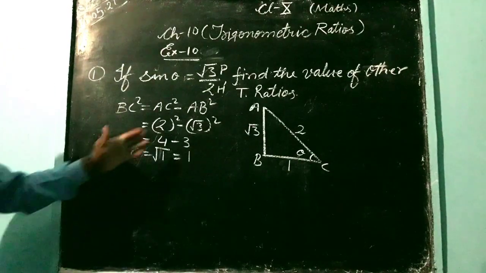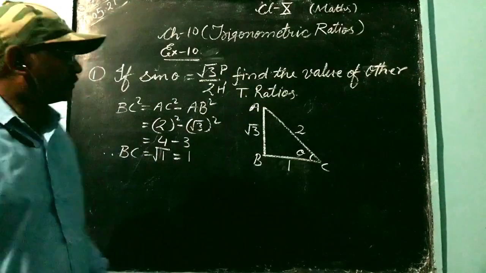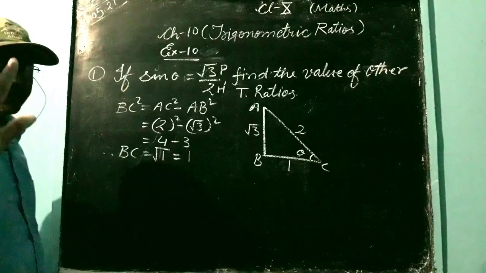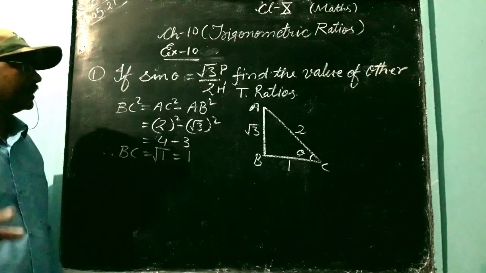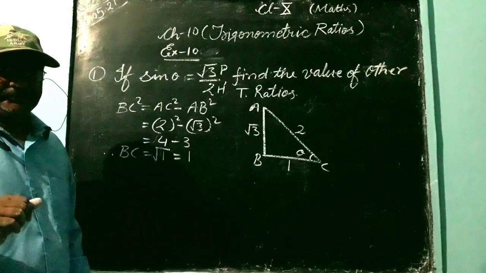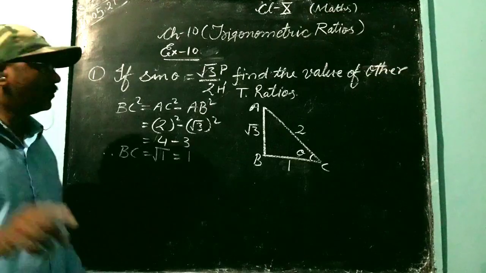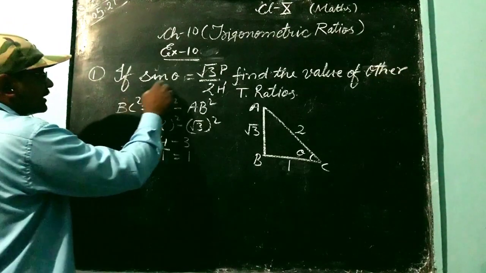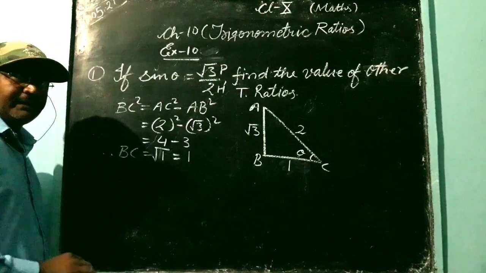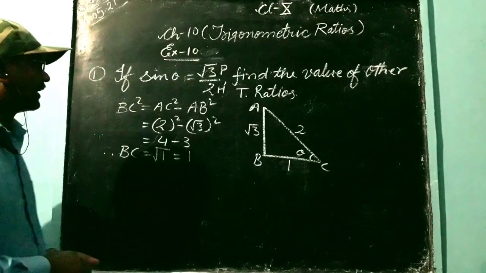Now you will find the values of the other t ratios. One, sin theta, is given, and 5 are left. In total there are only 6 t ratios. Of them the first, sin theta is equal to root 3 upon 2, is given, and the remaining 5 you will find.